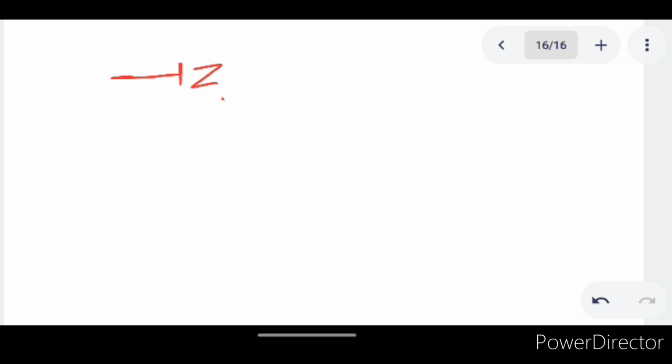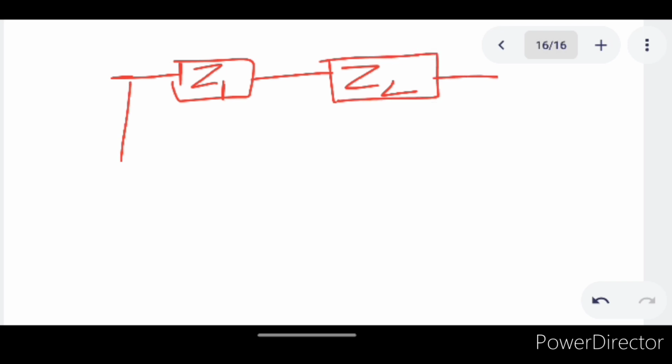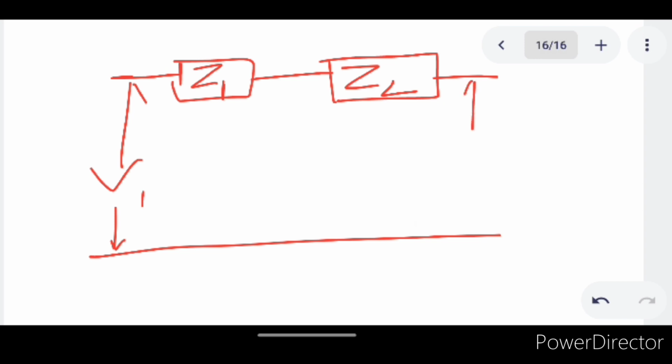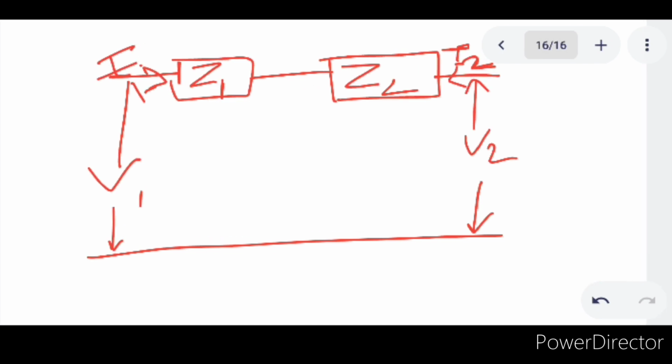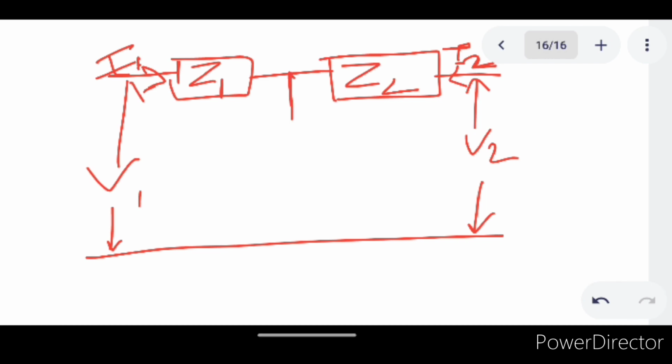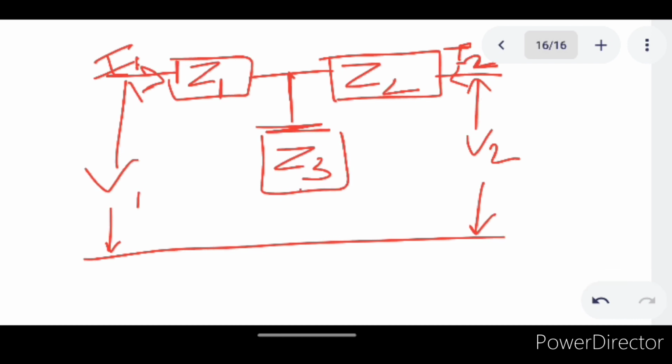This is your Z1, this is your Z2, this is your V1, this is your V2, I2, I1. Let me take this as Z3.